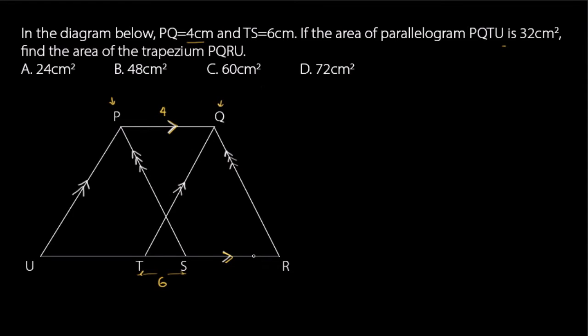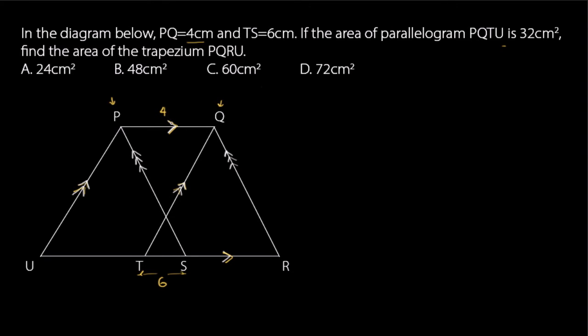Here you have two arrows, so this line is parallel to this line, and here you have 3 arrows, so this line is parallel to this line. They decided to use 3 different kinds of arrows so that you do not confuse them. So 2 corresponds to 2, 3 corresponds to 3, and 1 corresponds to 1.